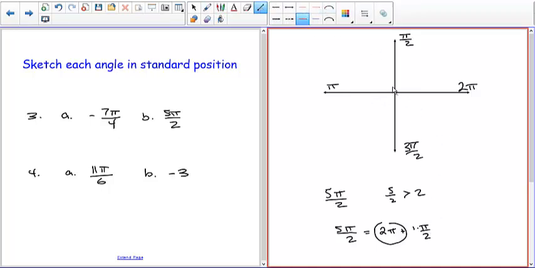So the answer for B is just that angle between the positive x-axis and there. So what we say is that 5 pi over 2 and pi over 2 are coterminal.